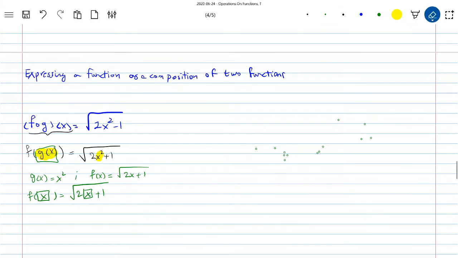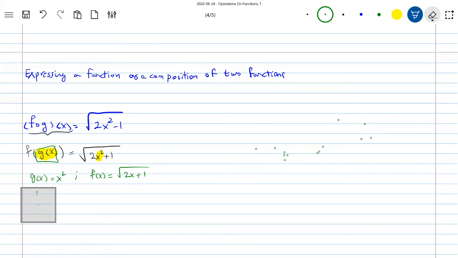The other option would be, there are a million of them. You can pick your own case. Here, I'll pick another one. For example, if I pick g of x to be the whole thing, 2x squared plus 1, all the inside, then what is the corresponding box?